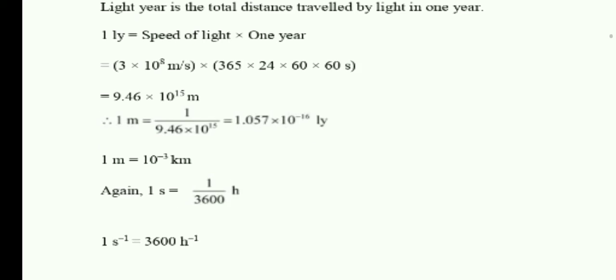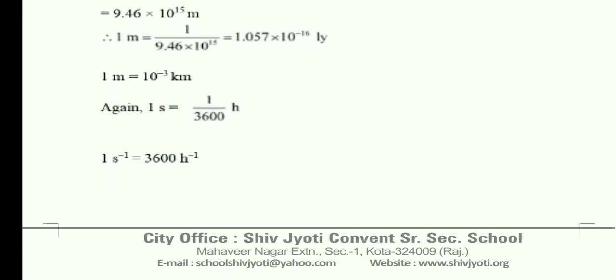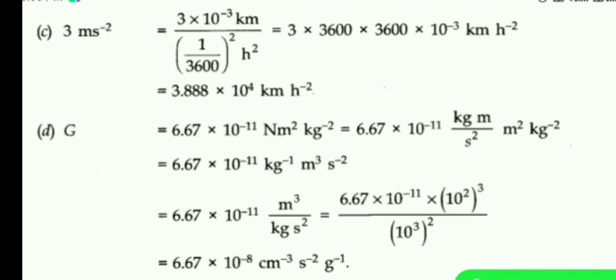Now, third part, 1 meter equals 10 to the power minus 3 kilometer, we already know. And 1 second equals 1 upon 3600 hour. So 3 meter per second square. Convert meter into kilometer such that 1 meter equals 10 to the power minus 3 kilometer, and second into hour.